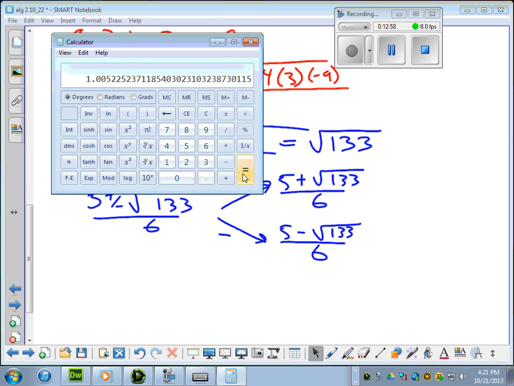No, that's not the right one. Okay, I'll try it like this: 133 to the power of 0.5, 11.53. Okay, so I'll add 5, and I'll divide by 6. So one answer is approximately 2.76.